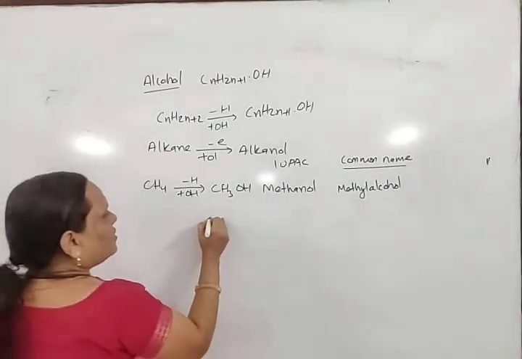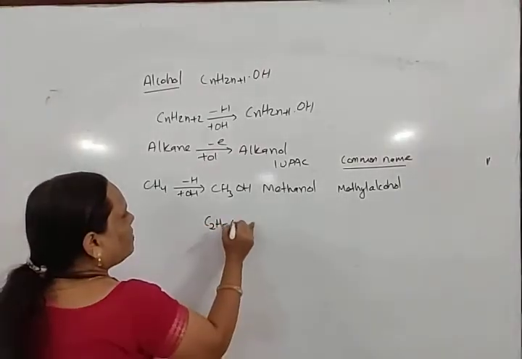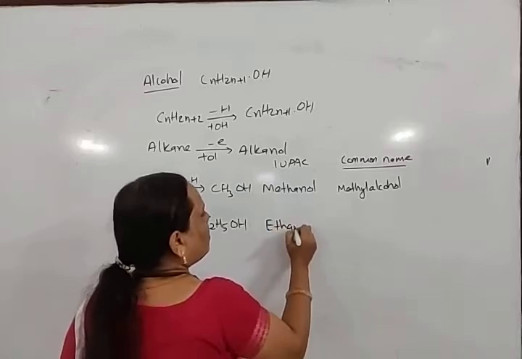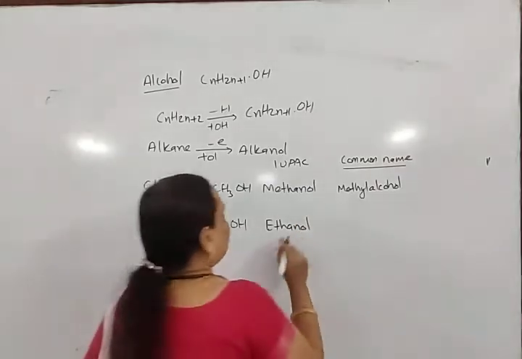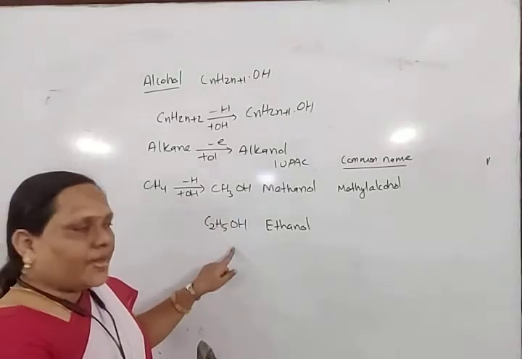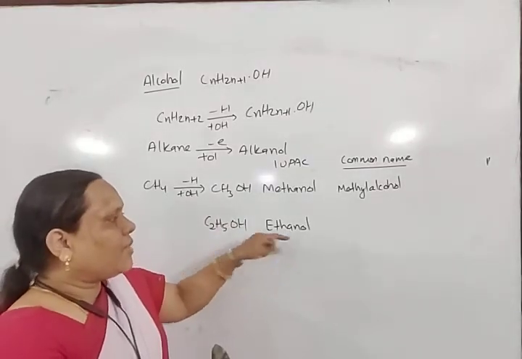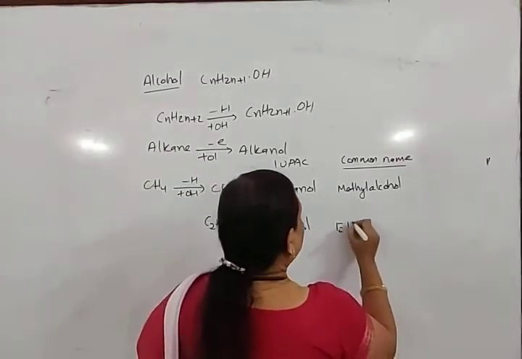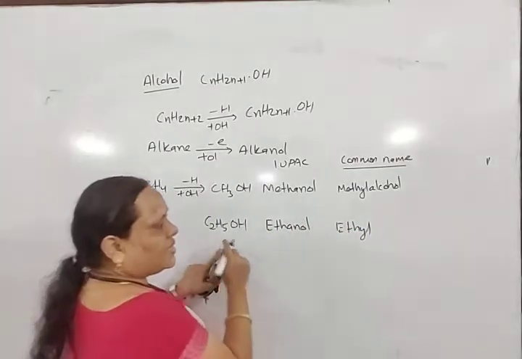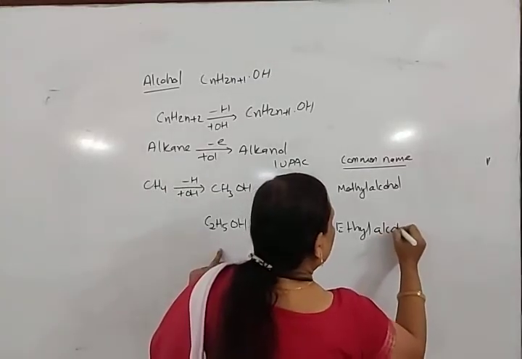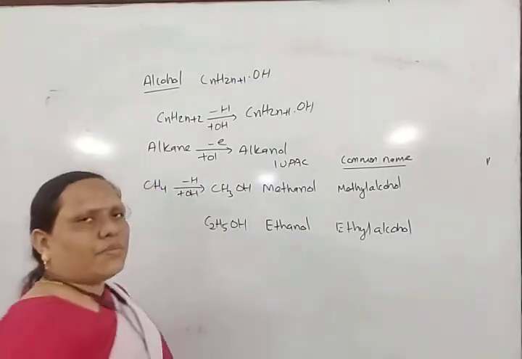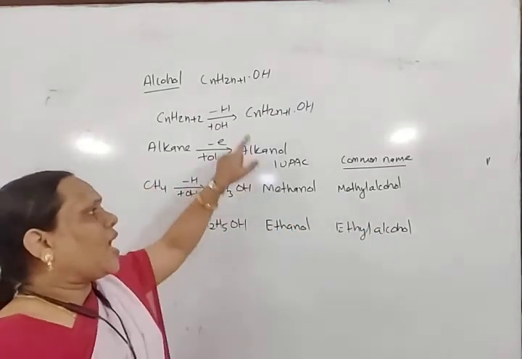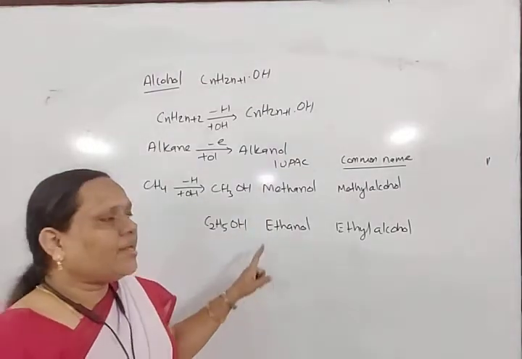Similarly, C2H5OH is known as ethanol. Ethane minus E plus OL gives ethanol, and its common name is, the alkyl group is ethyl, so ethyl alcohol. Whenever you write the common name, ethyl alcohol, there is a gap, but in the IUPAC name there is no gap between letters.